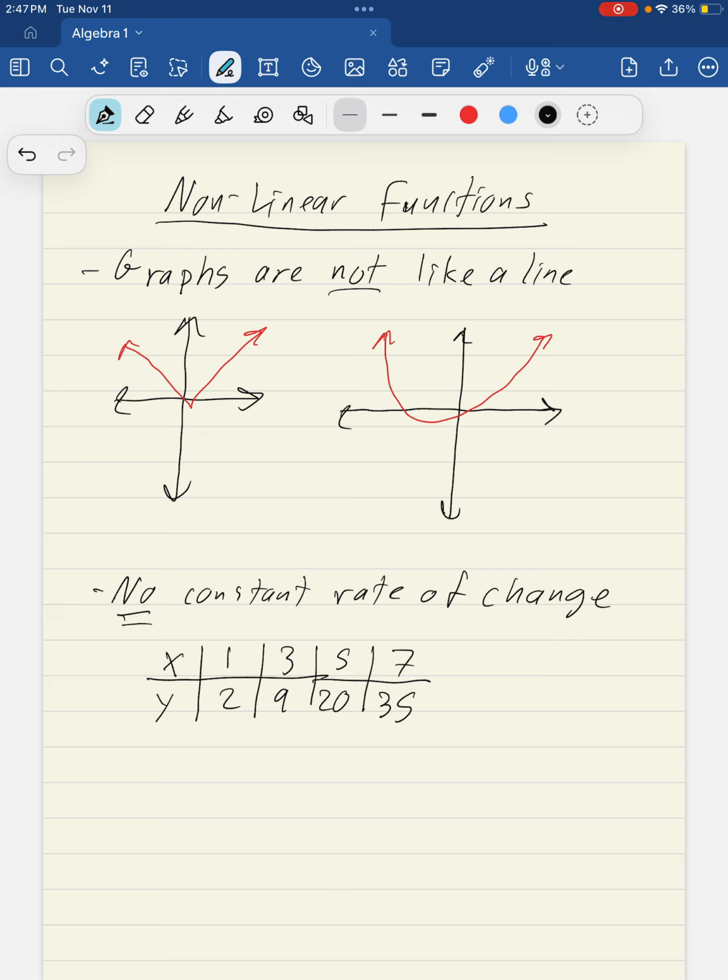Okay. So we look at our rates of change here and we go plus 2, plus 2, plus 2. Okie dokie. The top looks good. The bottom increases by plus 7. Then it increases by plus 11. Then it increases by plus 15. And you see the increases by 4 each time down here. That is not constant. Okay? This is not a linear function.